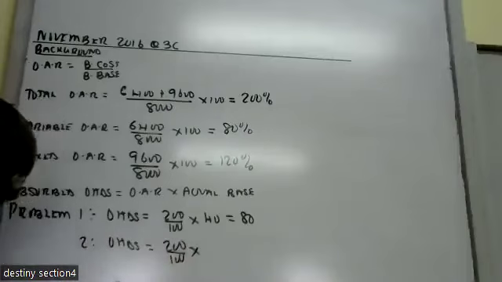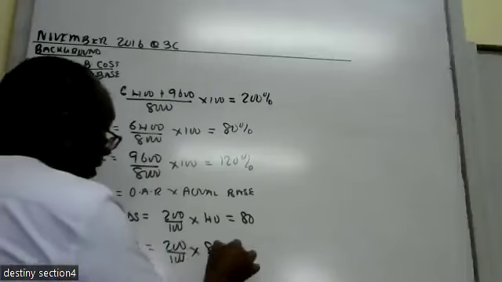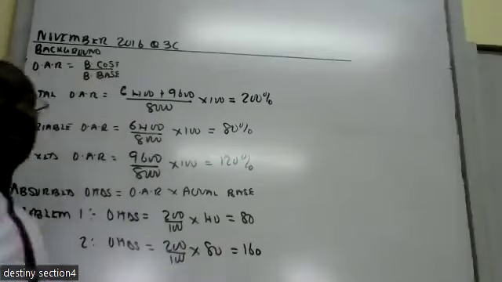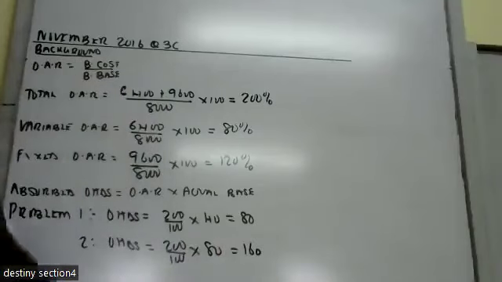Ukiangalia problem 2 hapo chini iko na labor ya 80. Unaiona hapo chini? Hiyo 160. Na hiyo 80. That's how they have been arrived at. So that knowledge is important before you answer the question.